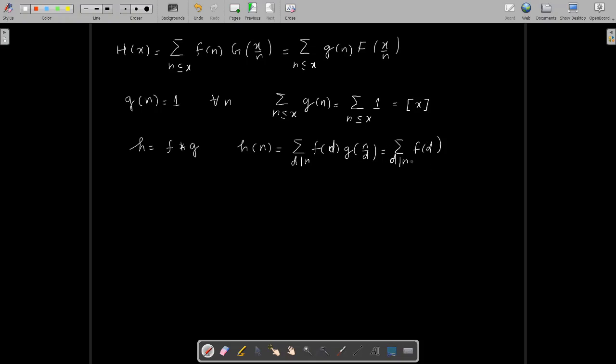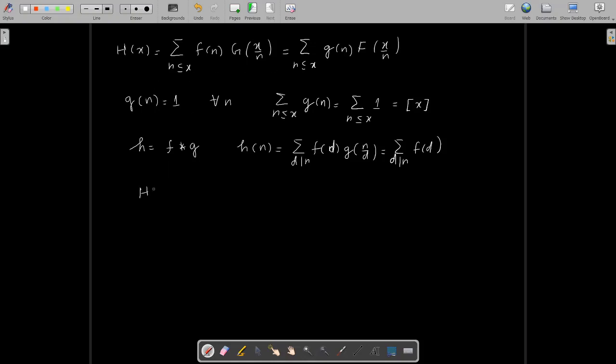Now you can consider this h as the divisor sum formula for f if we set g equal to 1. Then we can verify this equation.